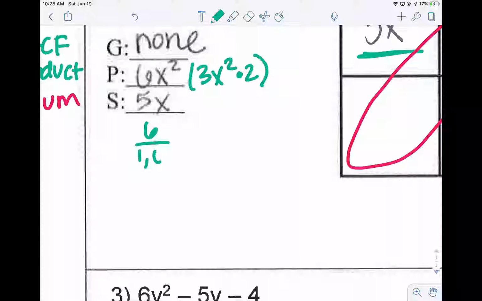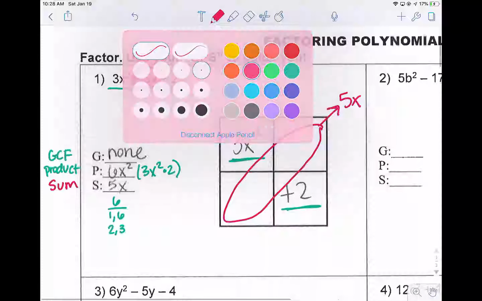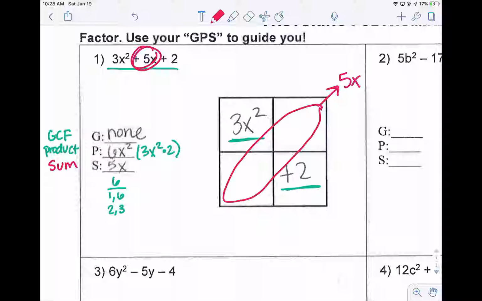So 6 is 1 times 6 and 2 times 3. Now I'm looking for one of these sets that's going to add to 5x. So if I add 1 plus 6 is not 5, but 2 plus 3 is 5. So I have a positive 2x and a positive 3x that were added together to get a total of 5x.